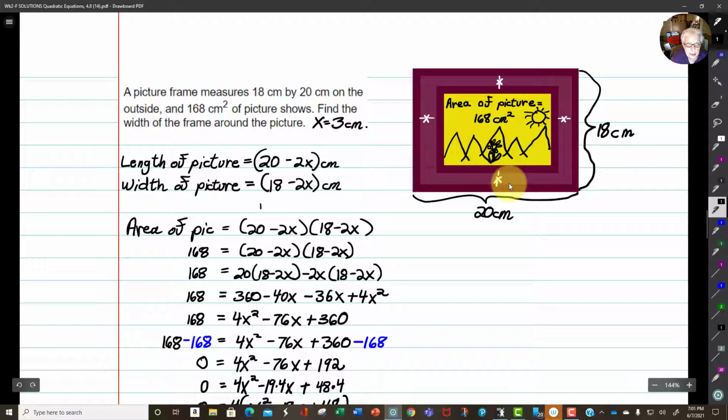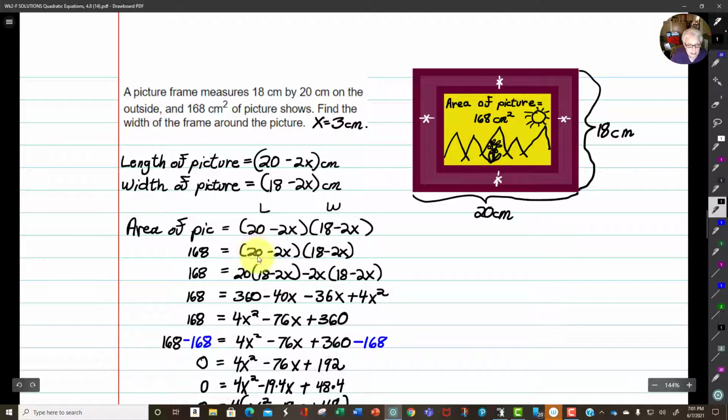This is the length. This is the width. The area of the picture equals the length times the width. Multiply them together. You'll have 168 equals 20 minus 2x times 18 minus 2x.